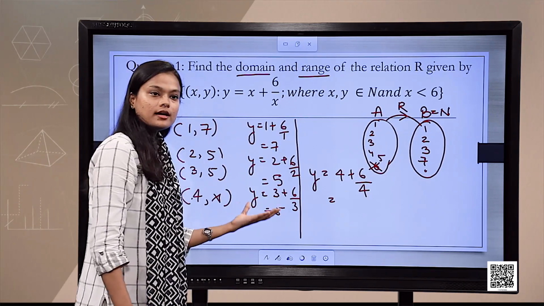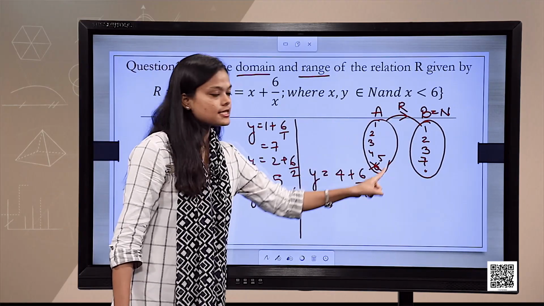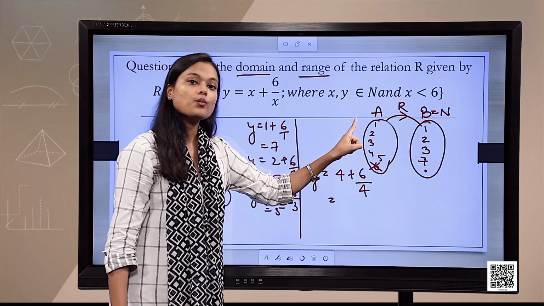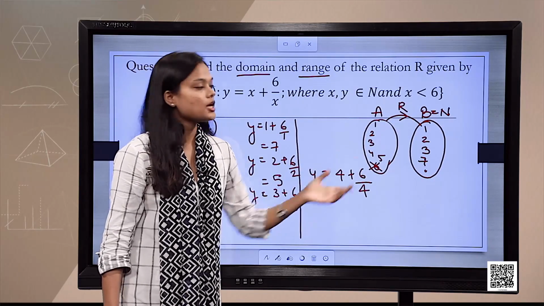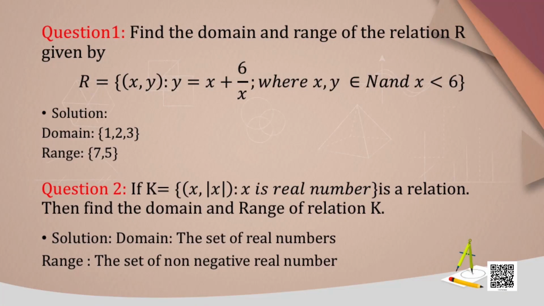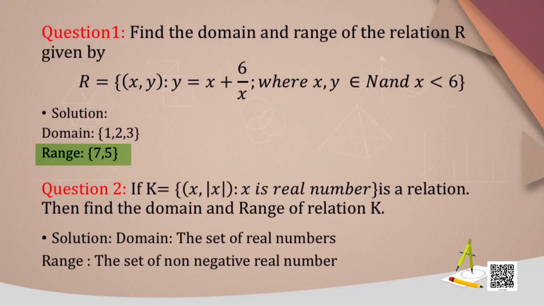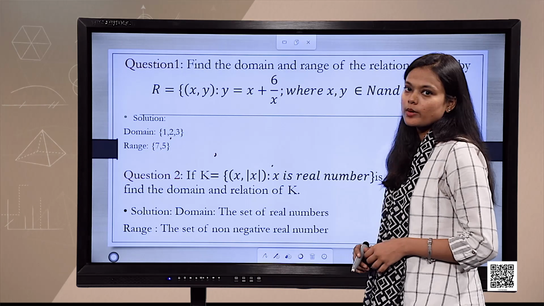Similarly, we are going to find the image of each and every element in the set A and see whether it has an image in codomain B or not. So, you can see what we get. We get domain as 1, 2 and 3, 4 and 5 will not have their image, and range is 7 and 5.